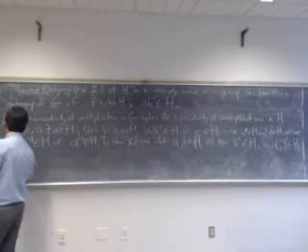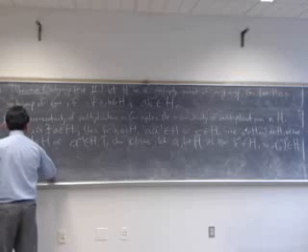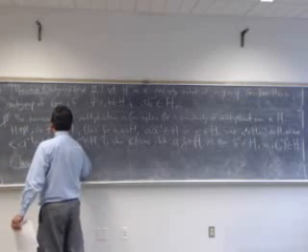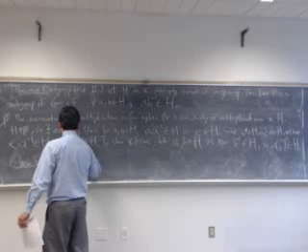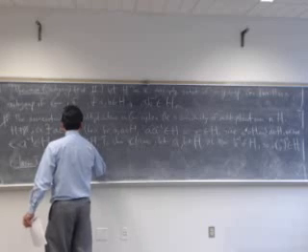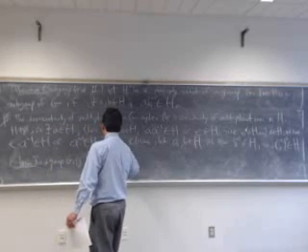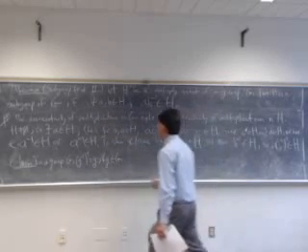Claim. In a group G, the inverse of G inverse is just equal to G for every element. Let's assume the claim is true.